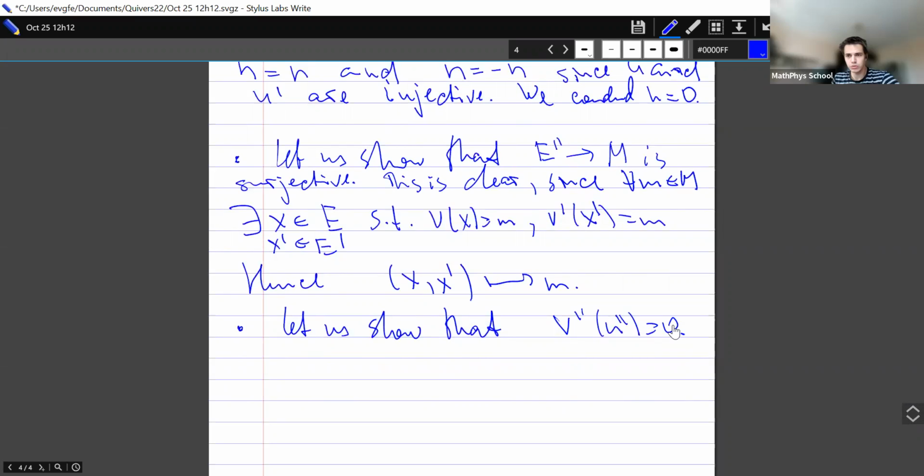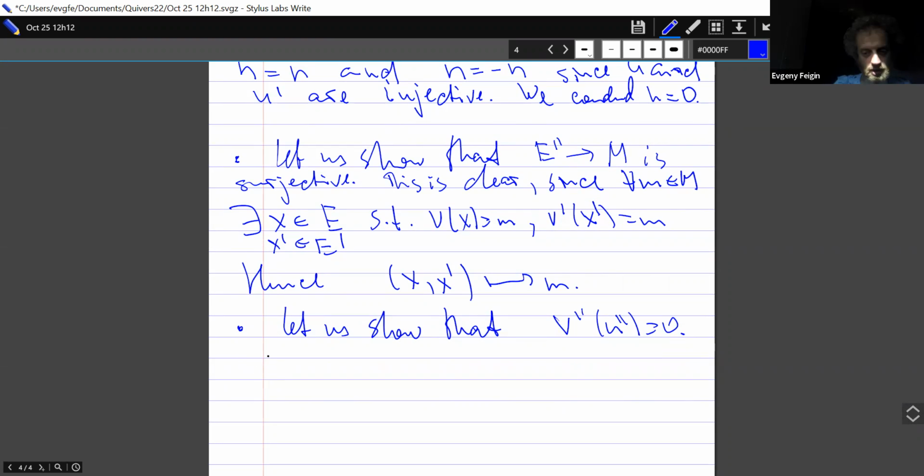It is just because both components of the image under U double prime live in the images of U and U prime. Yes, indeed. So we take V double prime of U double prime of some n. By definition, this is V double prime of the pair U of n, U prime of n, and this is 0.